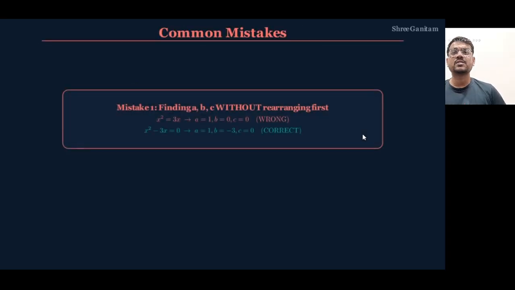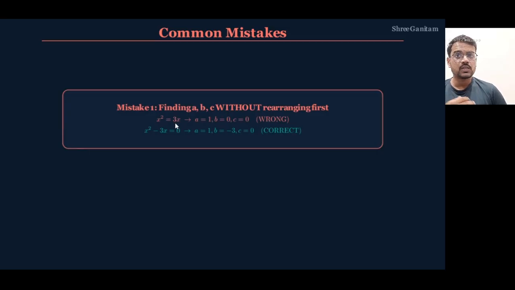See, what common mistake we make here is mistake number 1. When we are finding a, b and c without rearranging first, that is the mistake. First of all, we have to rearrange the things. For example, this one, x square equals 3x implies what? A is 1, b is 0, like there is no b on the left side, so b is 0. There is no x, right? So b is 0 and c is also 0. So this is wrong. Why?